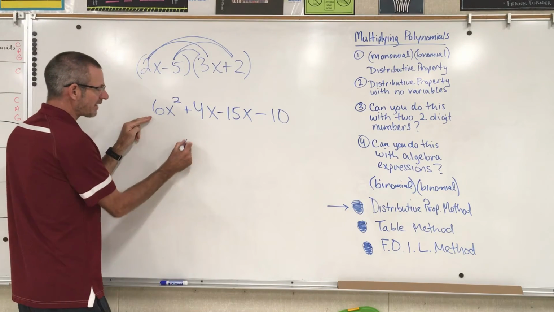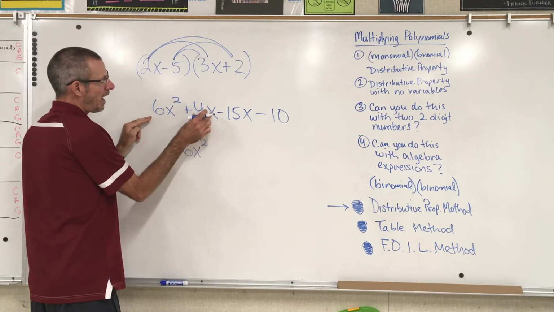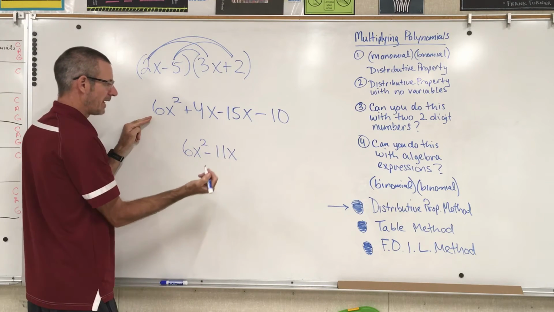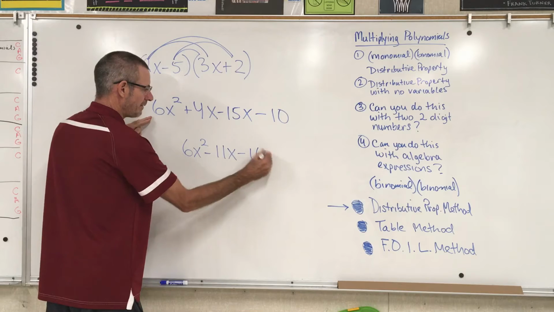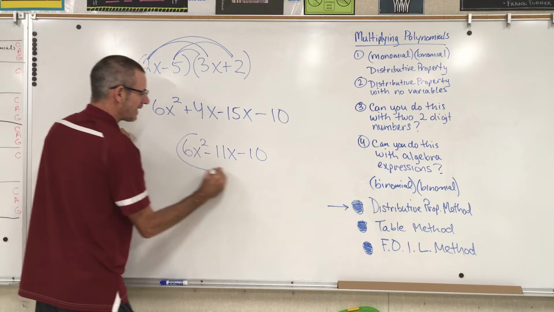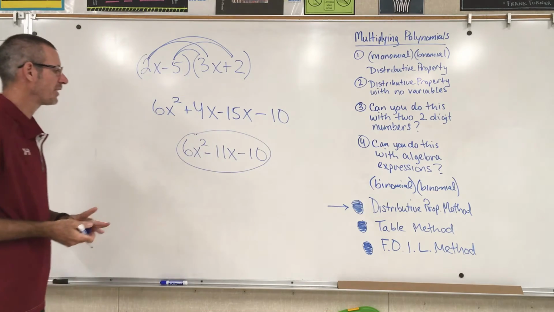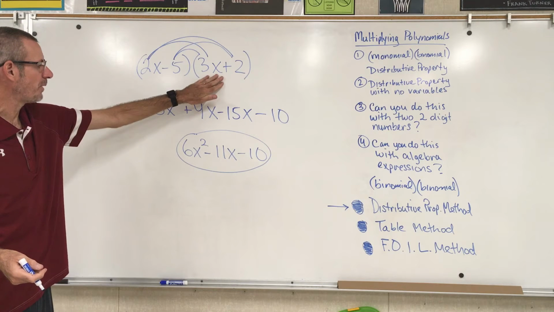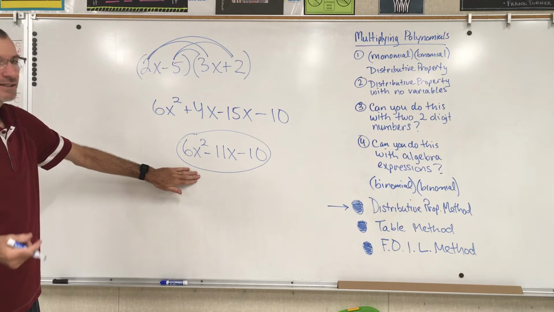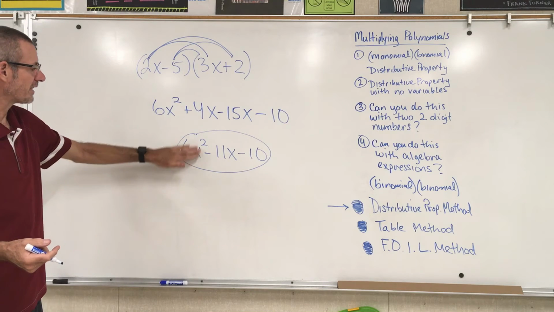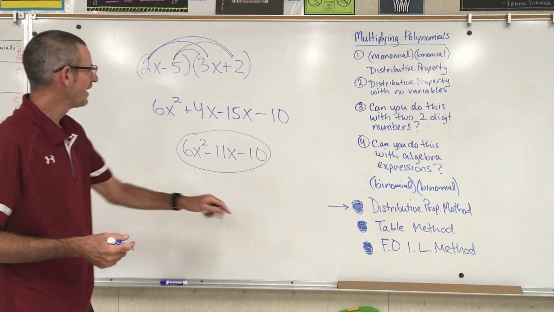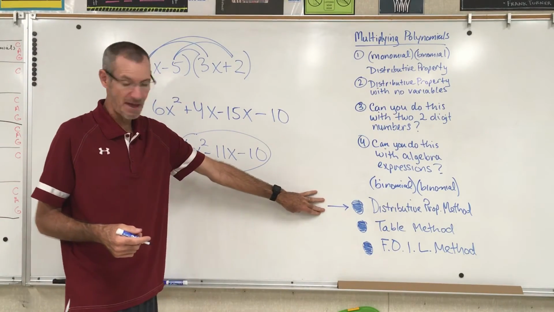So we're going to have 6x squared, a +4x and a -15x is a -11x. And then there's our -10. And that is the answer when you multiply 2x minus 5 times 3x plus 2. You get the second degree trinomial, 6x squared minus 11x minus 10. And that is the distributive property method.